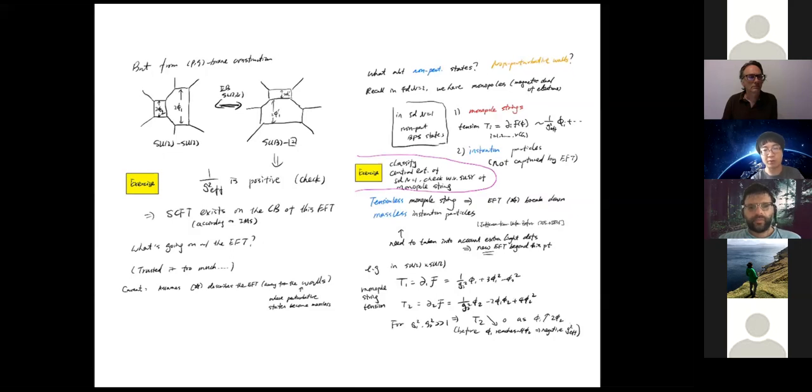Remember, 1/g² parameterizes the mass deformation away from the fixed point. So strong coupling means close to the fixed point. You see that as phi1 approaches 2 phi2 from below, T2 would approach 0 from above, and eventually becomes negative.